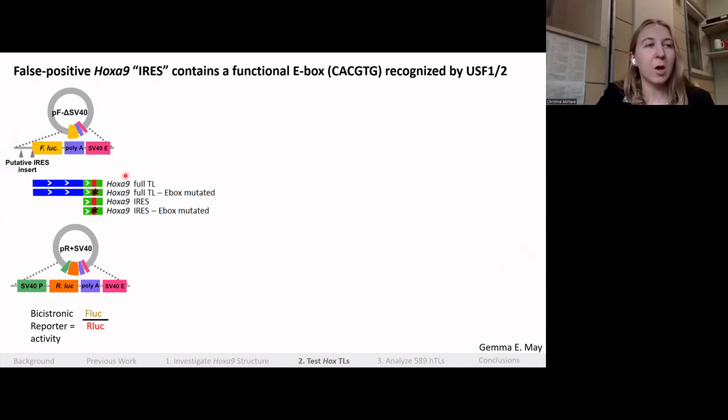So we had the HOXA9 transcript leader and the HOXA9 transcript leader with the E-box mutated. We also tested the HOXA9 putative IRES region and the HOXA9 putative IRES region with the E-box mutated. And then we compared the F-Luc to R-Luc to get bicistronic reporter activity.